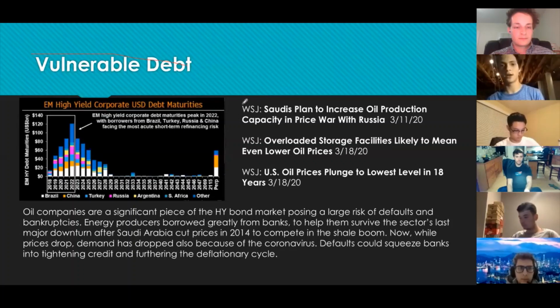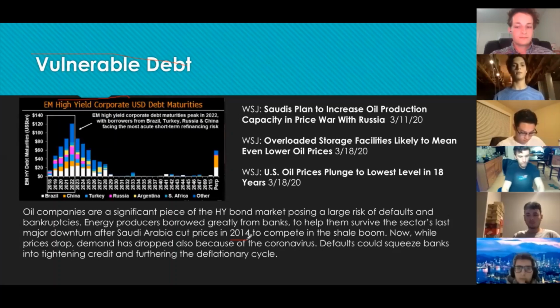One particular type of debt that was dangerous was high yield, in the high yield corporate bond markets, because, as I mentioned here, in 2014 during the shale boom, a lot of loans were made to energy companies that were trying to make it through the price war.